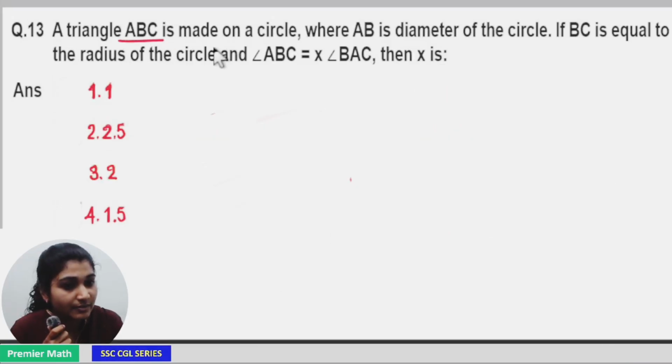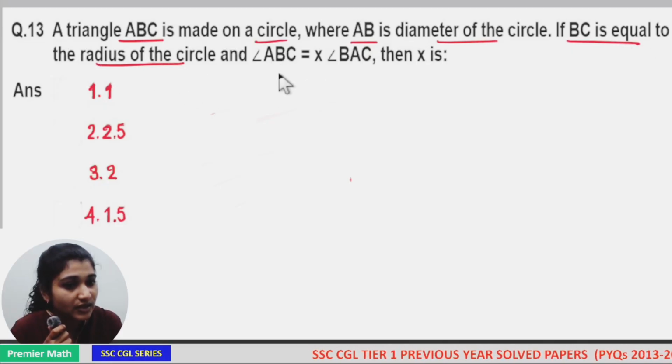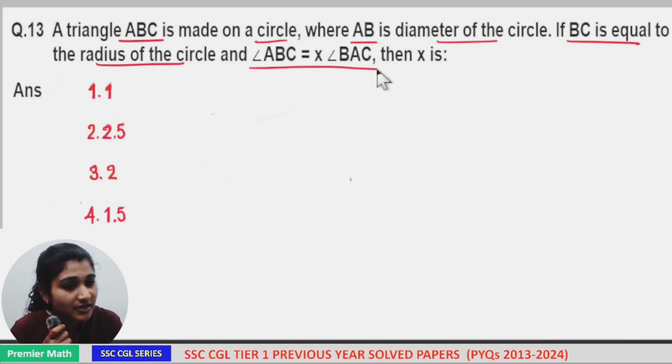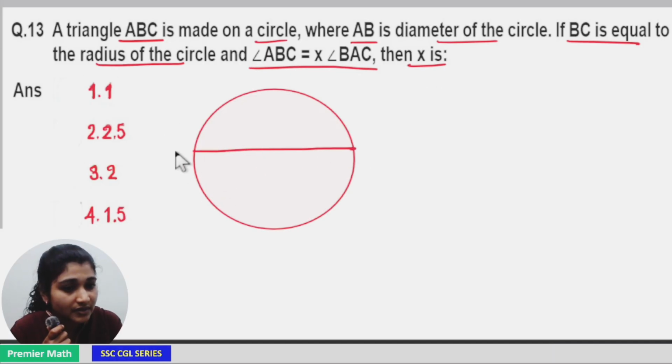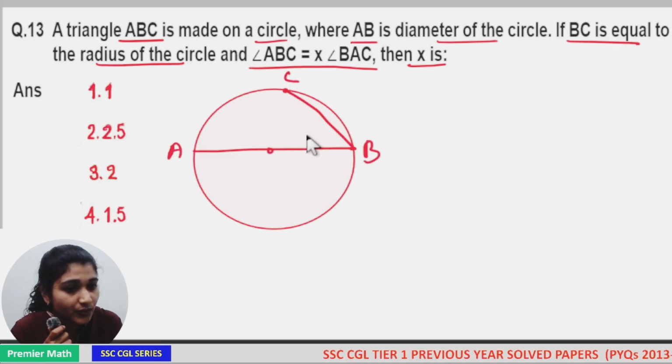A triangle ABC is made on a circle where AB is the diameter of the circle. If BC is equal to the radius of the circle and angle ABC is x times angle BAC, then x is equal to? Here, if this is the circle, then AB is the diameter. And here C is a point on the circle and BC is equal to the radius of the circle.